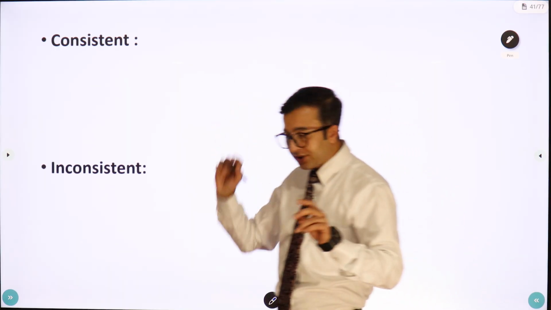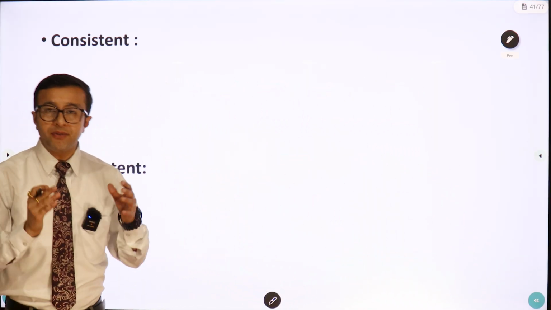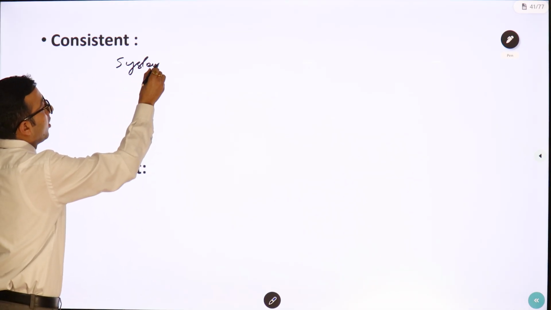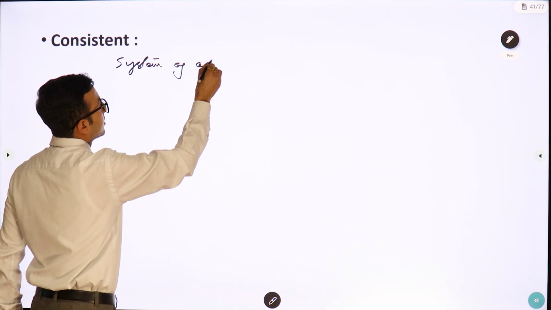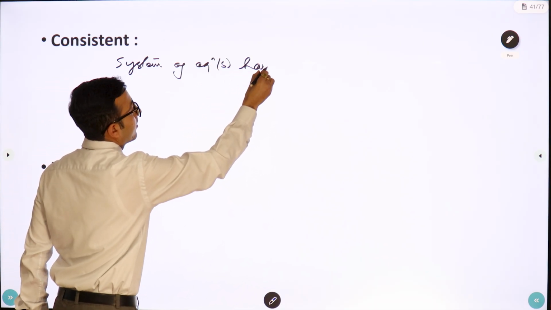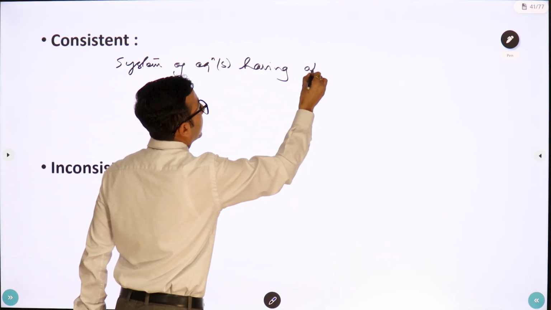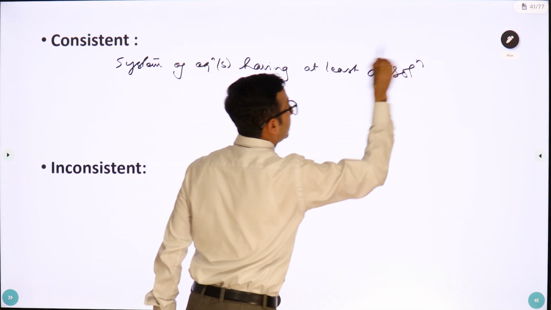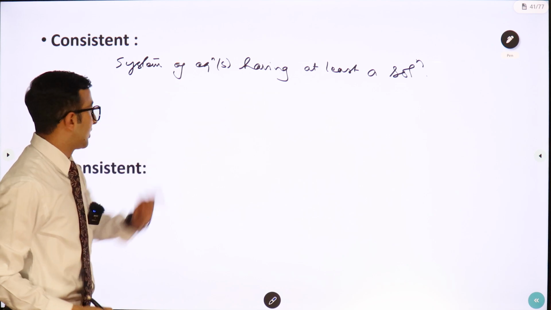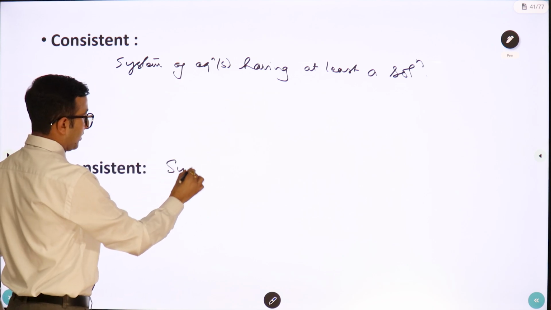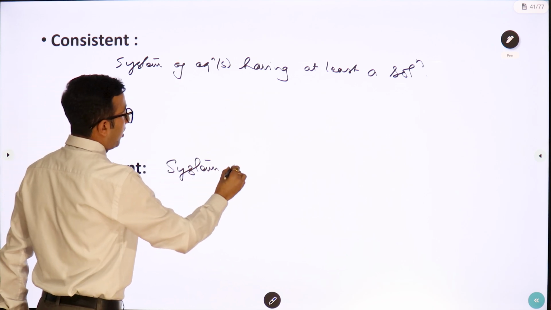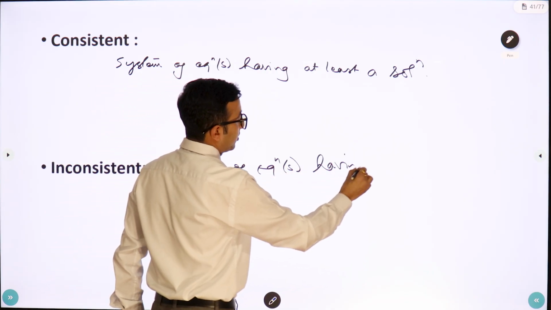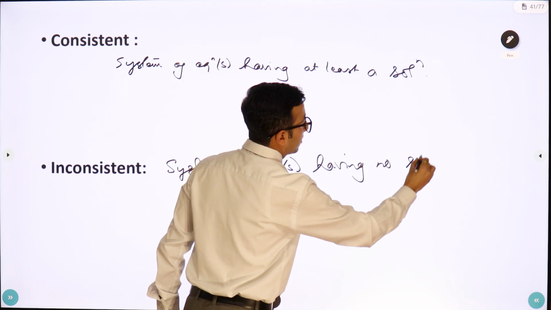I repeat, consistent means the system of equations has at least a solution. Inconsistent means the system of equations has no solution.